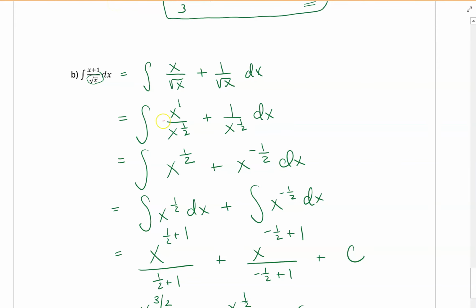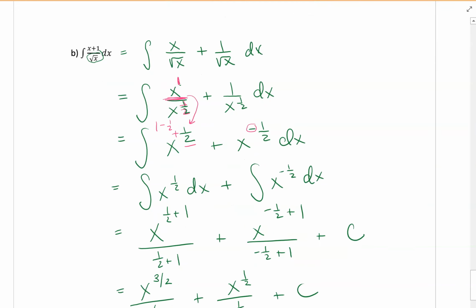So since this is division, I'm subtracting 1 minus 1/2. So that's kind of how I got to here. This was the result of 1 minus 1/2 is just 1/2. So this reduces to that. And then 1 over x to a power is just x to the negative version of that power. So my powers were positive 1/2 and negative 1/2.